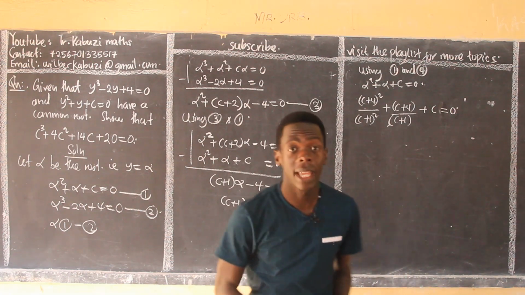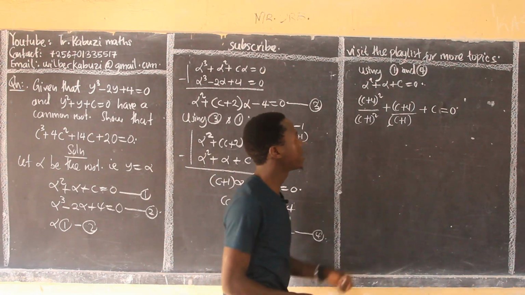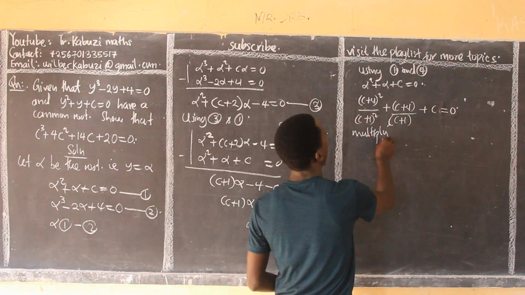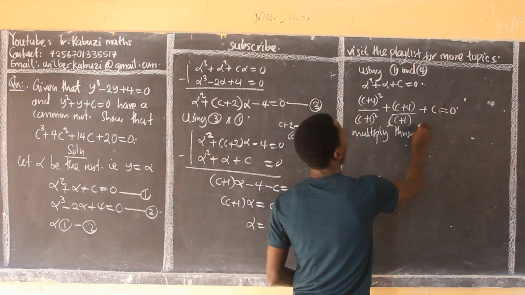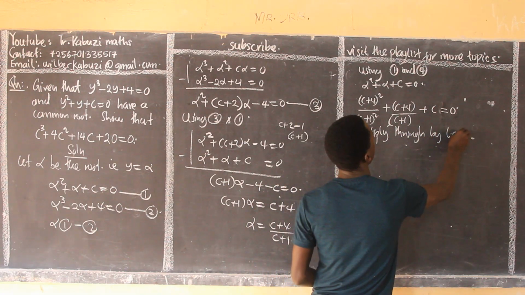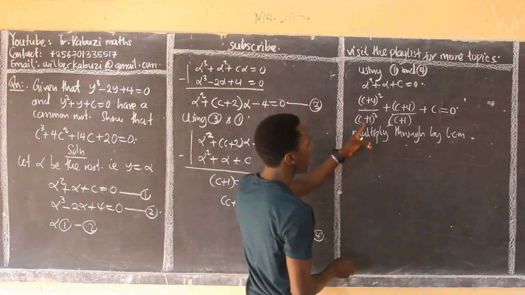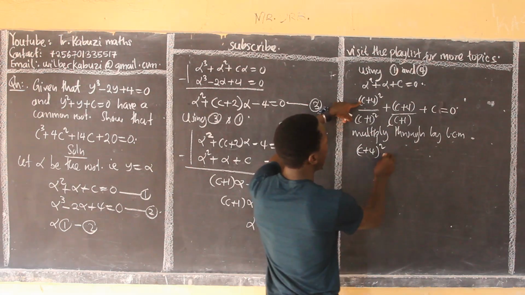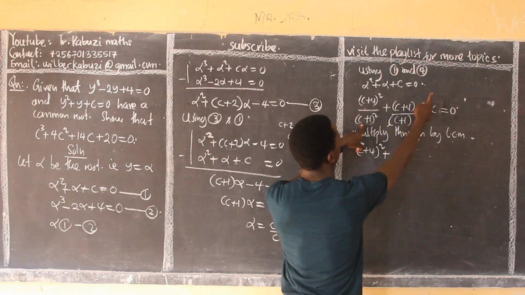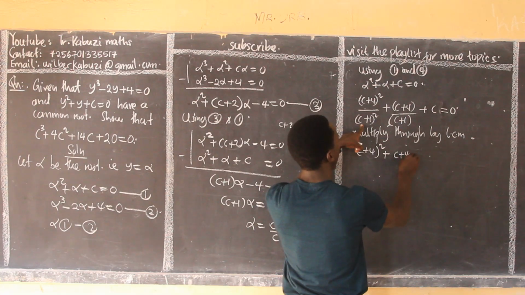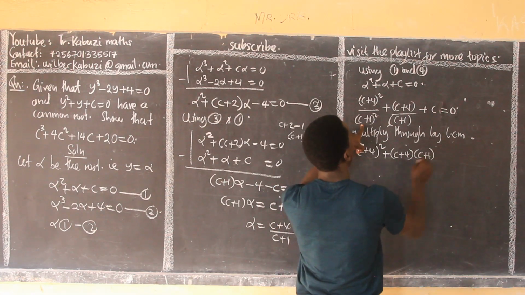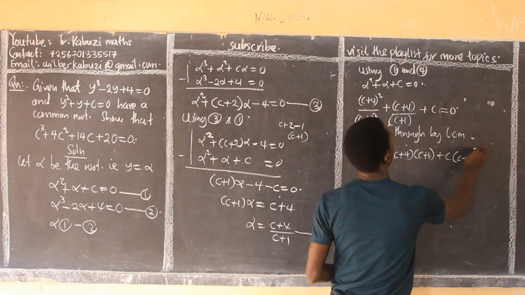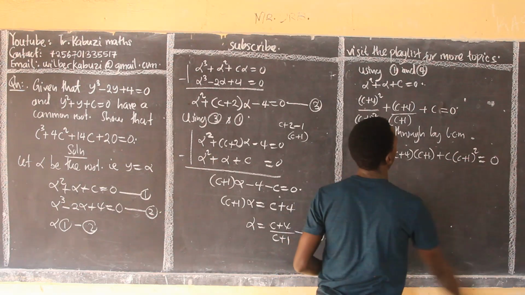Now to get the LCM, I multiply through by the LCM. So multiply through by the LCM. The LCM is this, so we'll multiply it here, remain with c plus 4 squared, plus, we'll multiply this one here, one bracket will go, to get c plus 4 times c plus 1, and multiply it here, I'll be having c times c plus 1 squared, multiply it here, I have 0.